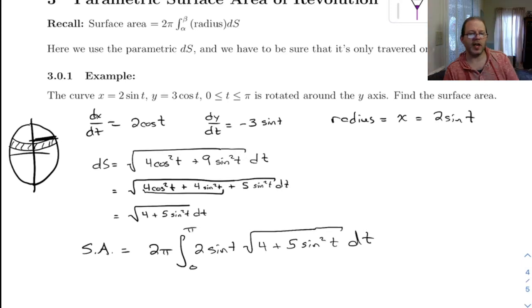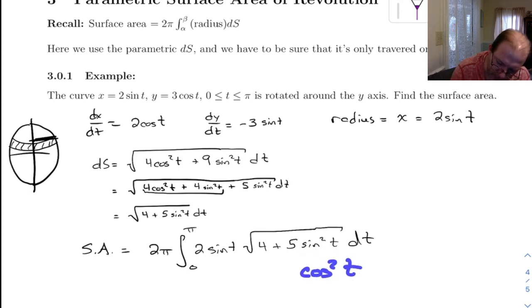So a good question is, how can we do this integral? This is worse than any integral I would throw at you that I actually made you do. I'm not really sure right off how we would do it. I think, and we're not going to do this, but what we could do is replace this sine squared with 1 minus cosine squared t.